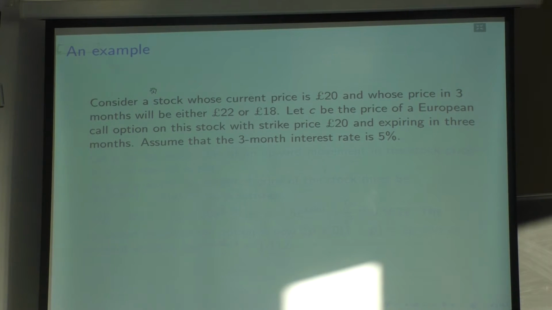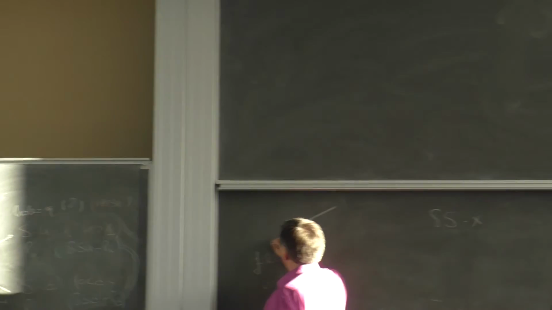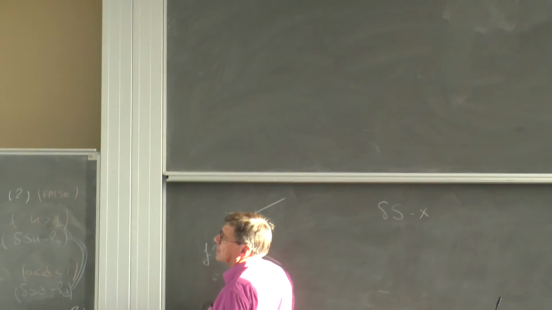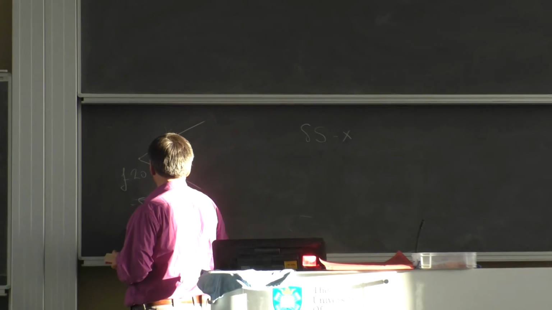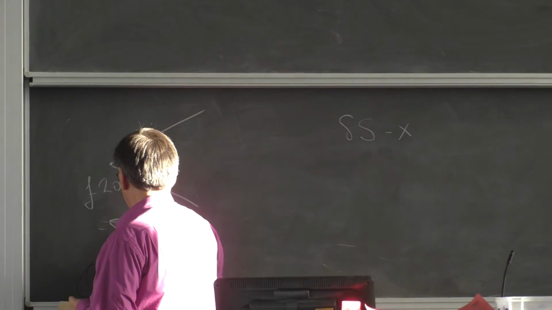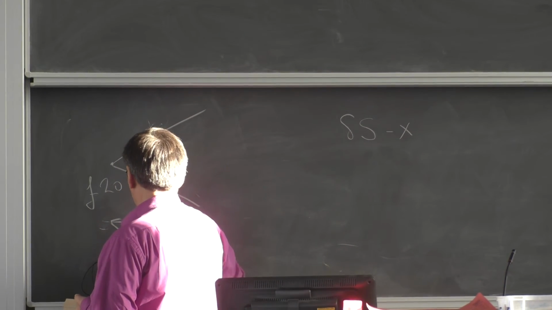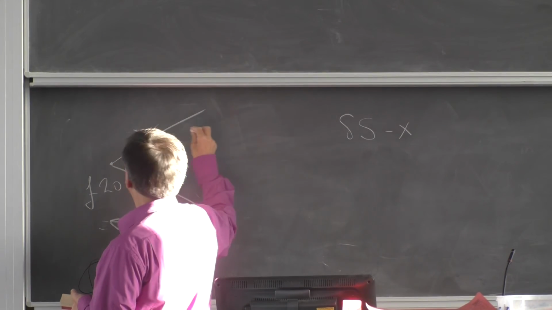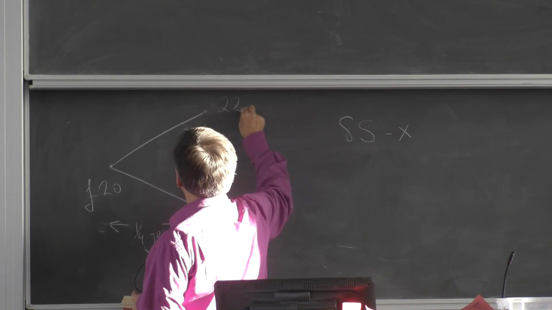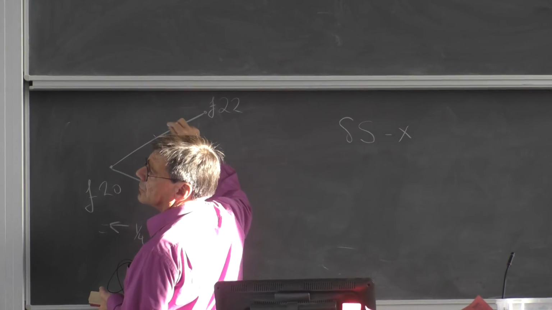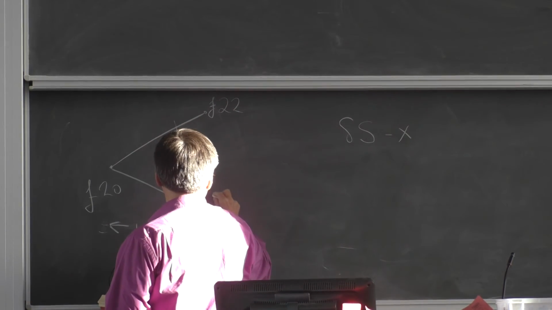So we live in a world that looks like this. We start with an underlying asset whose price is 20 now. We observe this price now. And then after a step in time of 3 months, a quarter of a year, we're going to find ourselves in the state of the world in which the underlying asset price is £22 or £18.